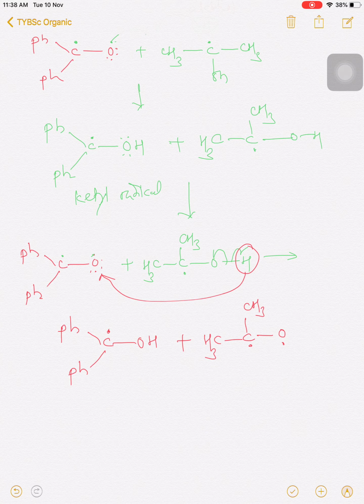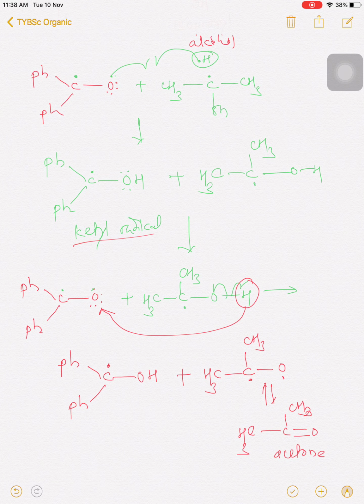Finally this molecule converts to the acetone structure, CH3 CO CH3. So acetone is formed here. This is the first ketyl radical, and this is the second ketyl radical.